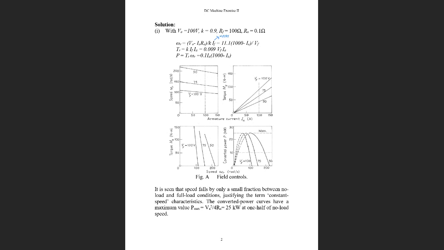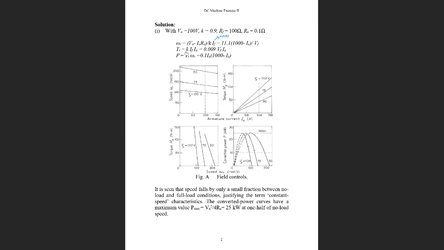So then we have these formulas. Here we have two variables: one is the armature current, the other is the field voltage. The second formula relates the torque, the field loading current, and the field voltage.